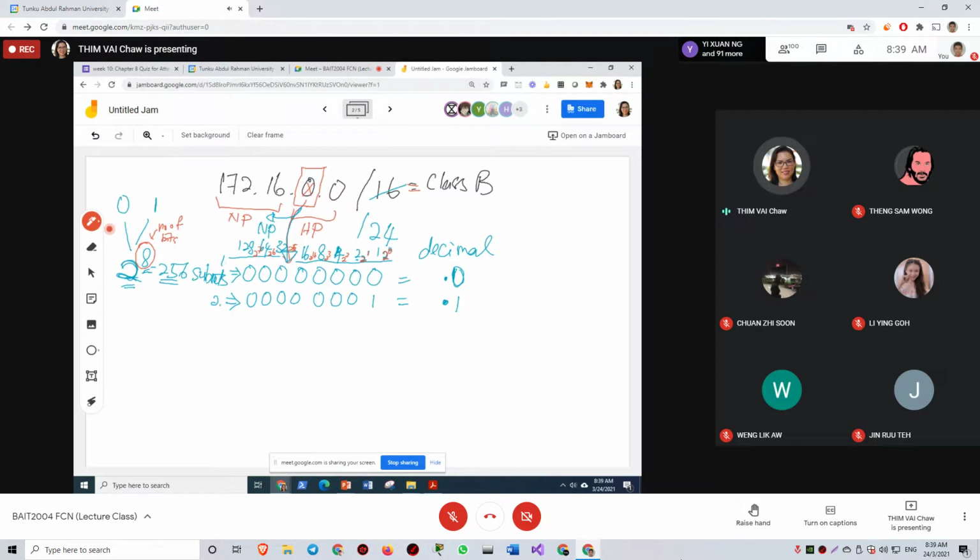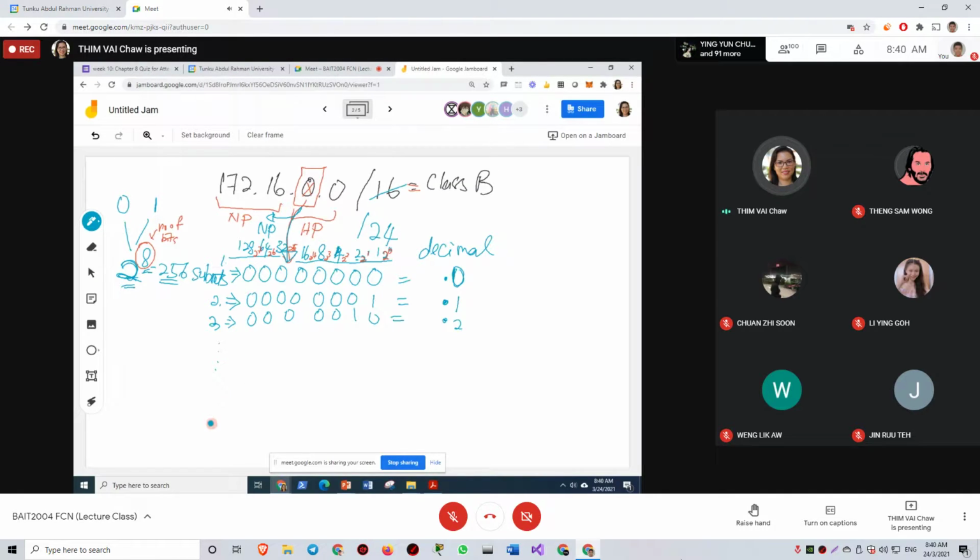So when I come to the third bit pattern, I will have 0, 0, 0, 0, 0, 0, 1, 0. So the decimal value will be dot 2, and so on. They have different bit patterns.